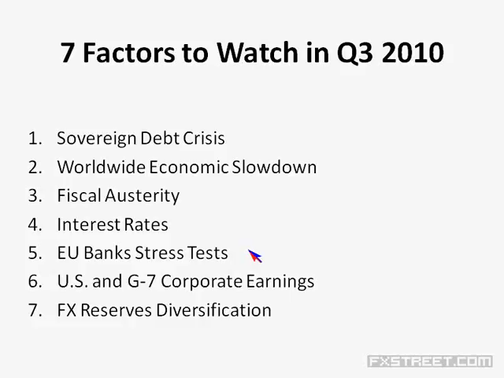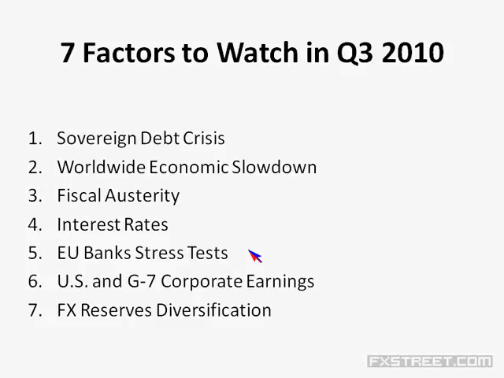Another major factor will be the U.S. and G7 corporate earnings in the beginning of each quarter. As you know, it's earnings season when it comes to corporations, and these earnings seasons can really impact how equities are traded around the world. If the earnings season is good, then the equities could strengthen. That could be positive for risk.